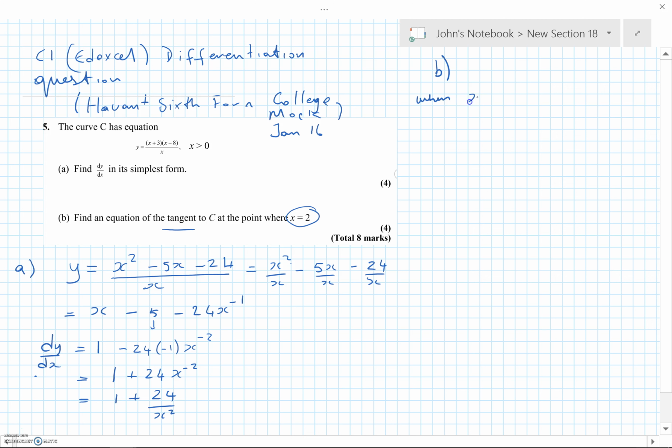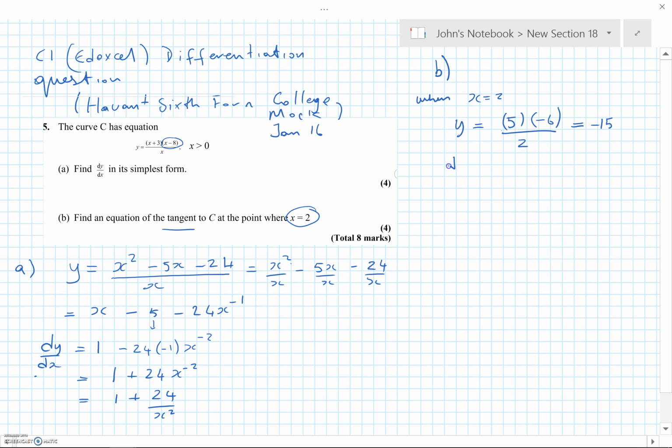When x equals 2, y equals, I can just use the top bit there, 5 for that bit, and for this bit 2 minus 8 is minus 6, times 5, minus 30, divided by 2, so that's minus 15.